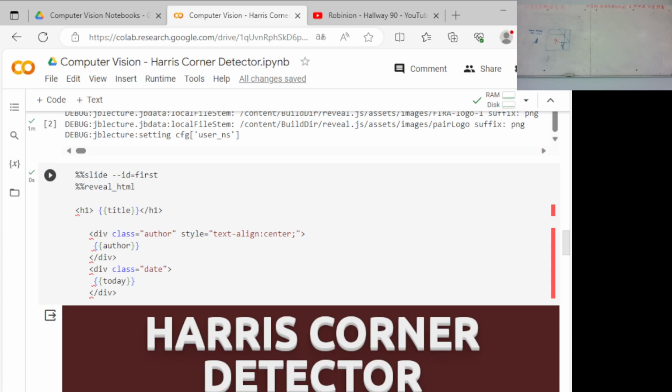So it doesn't have to be the corner of an object. Shadows may be also, like this shadow there, which is not really a corner, that would still be a pretty good point to actually track.